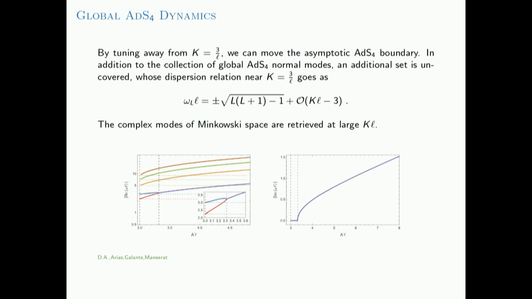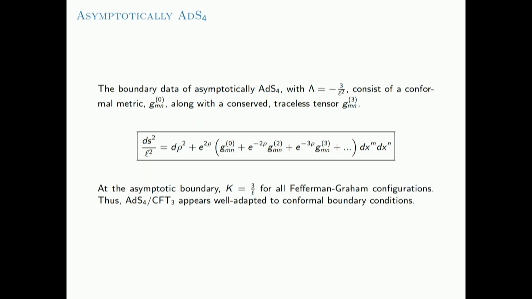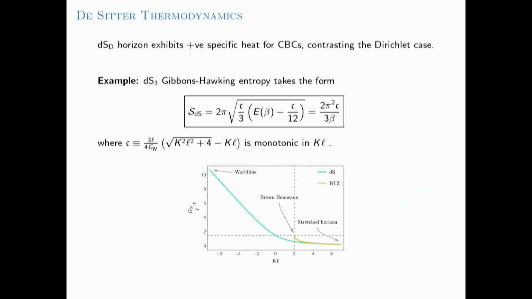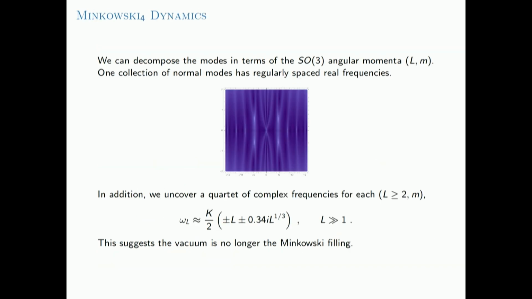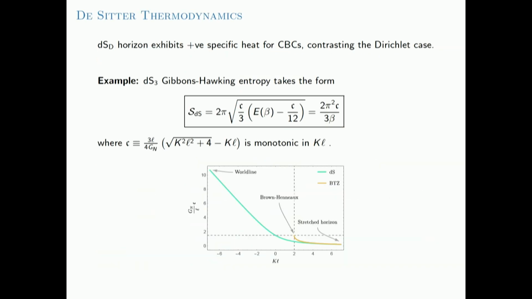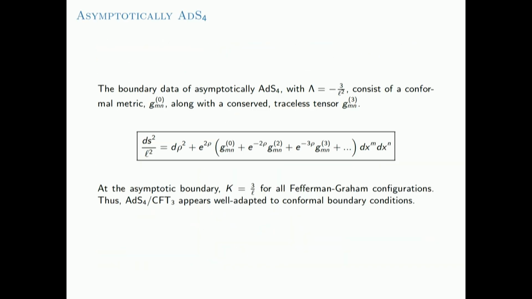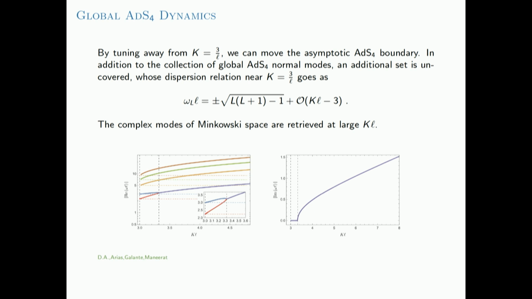And as we push the boundary inwards, for each angular momentum there's a critical value of K for which this mode, which is real, acquires an imaginary part, and we retrieve the complex modes of Minkowski space. So the role of AdS appears to be to regulate some of these imaginary modes that I showed you over here, okay? Now, this is interesting because there's a new mode that comes to life when we bring in the AdS boundary with these boundary conditions.